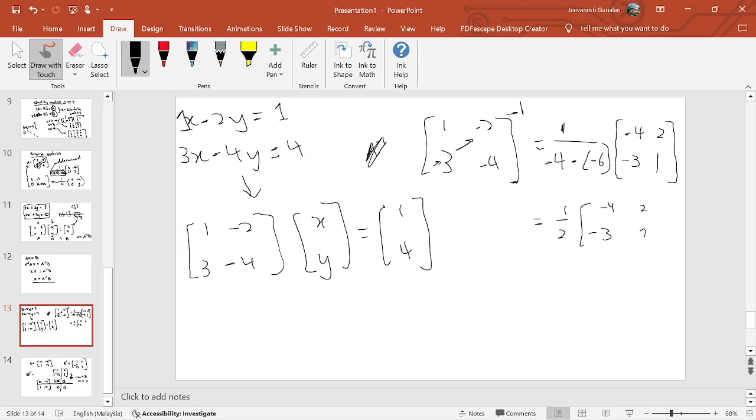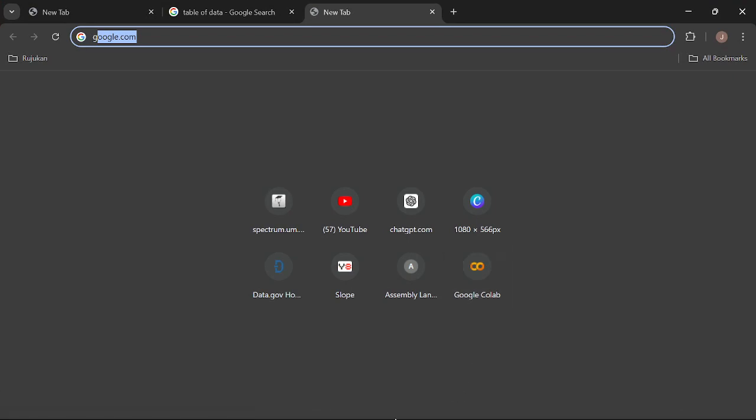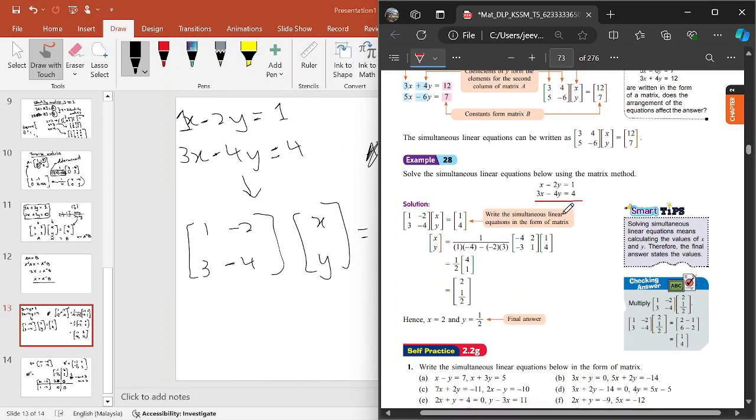And then if I just do the scalar multiplication, I'll get -2 here, then -3 over 2, and then here I'll get 1, and then here I'll get 1 over 2. And oops, so that's all. That's how you solve linear equations using the matrix method.